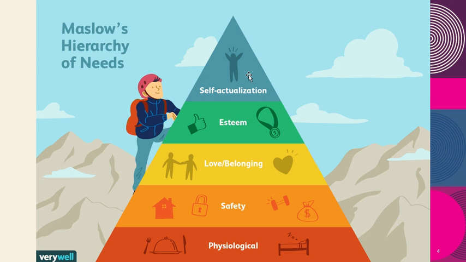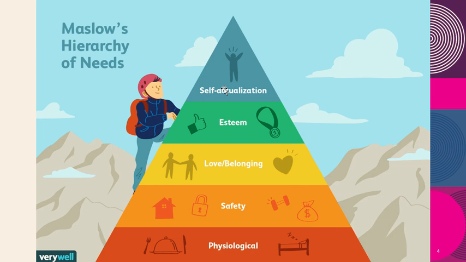Maslow's hierarchy is split into 5 categories. To put it simply, unless we have the fundamental basic human needs, which are physiological and safety, if we do not meet the things at the bottom of the hierarchy, we will not strive to meet any further desires, such as psychological needs and the self-fulfillment needs, which is self-actualization.